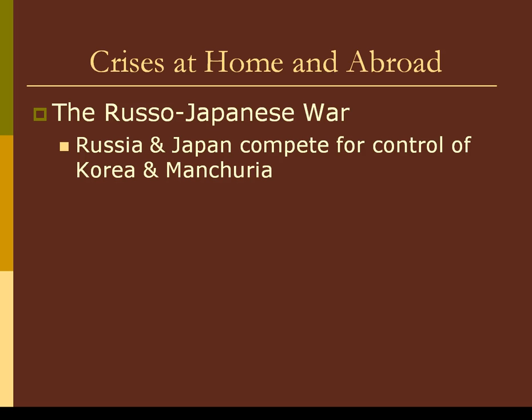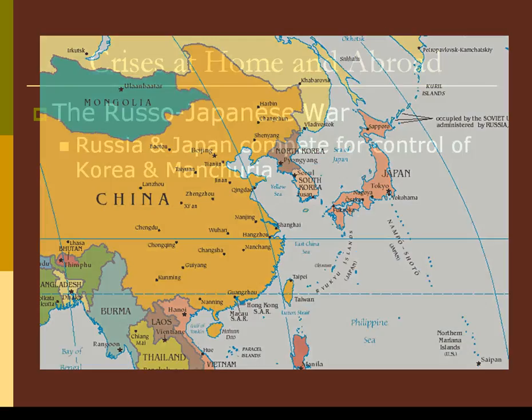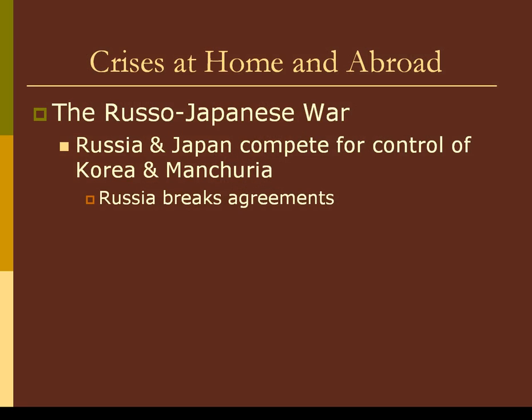They wanted control of Korea and Manchuria, which Russia had some control over and had been using for natural resources and as markets for their goods at this point in time. So when the Japanese come in and try to take over parts of this, it becomes a problem. And Russia starts to break agreements about who can go where.